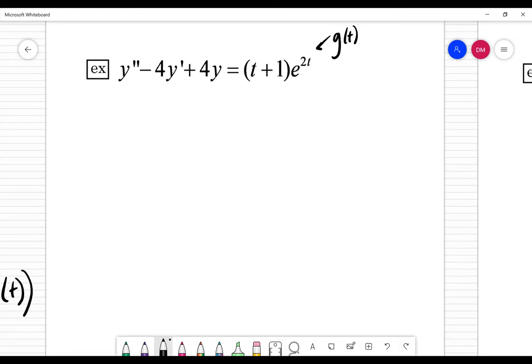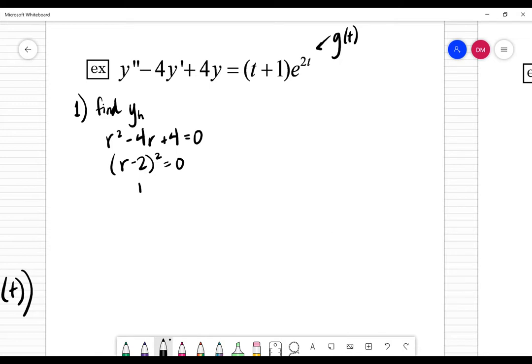But first things first, let's go ahead and find the homogeneous portion of our solution. This is the same as other non-homogeneous problems that we were doing, which is nice. So our characteristic equation here, r squared minus 4r plus 4 equals 0, gives me a repeated root. I get (r minus 2) squared.